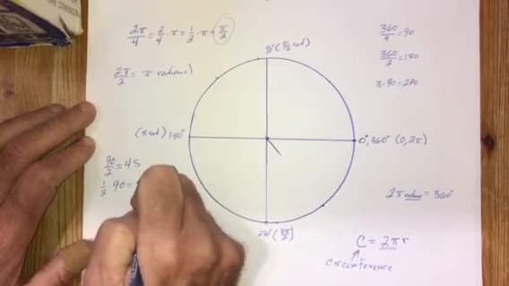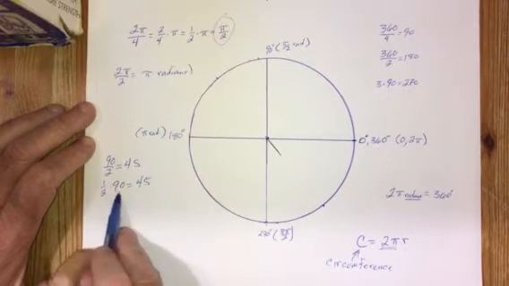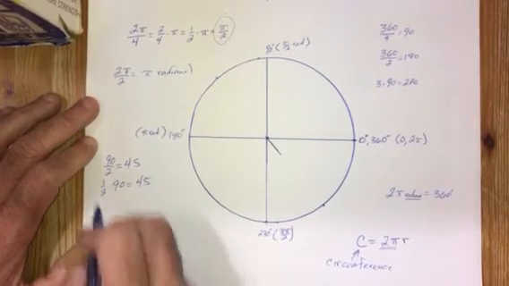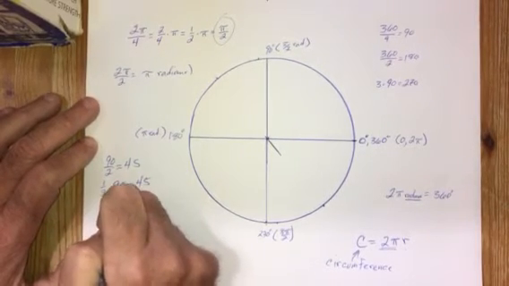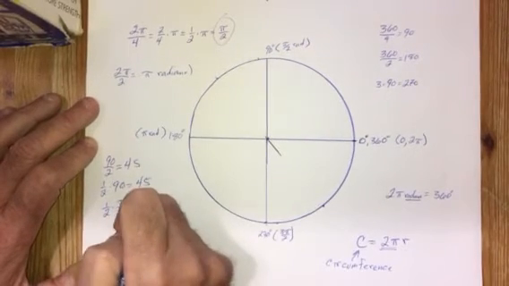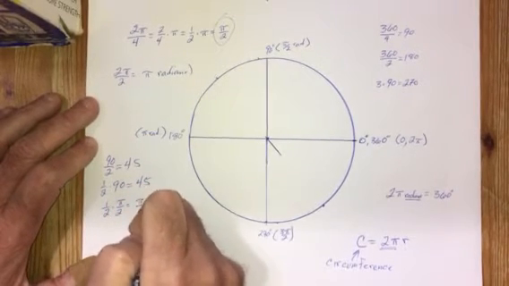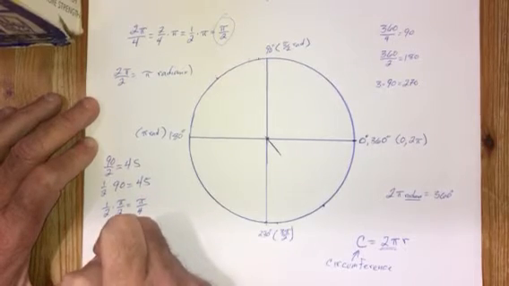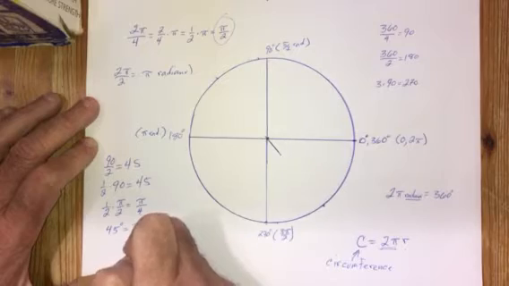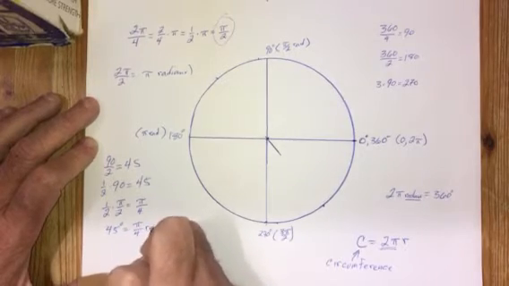Okay, but if we think of 90 as pi over 2 instead of 90, this would be the same thing as 1/2 times pi over 2, which turns out to be pi over 4. So we can say that 45 degrees is the same thing as pi over 4 radians.